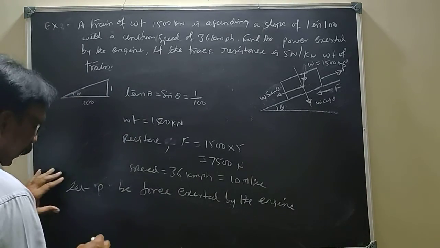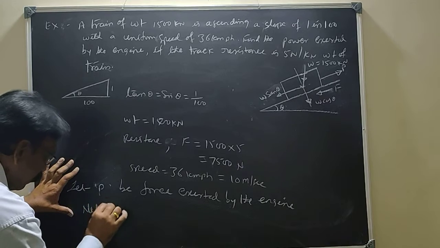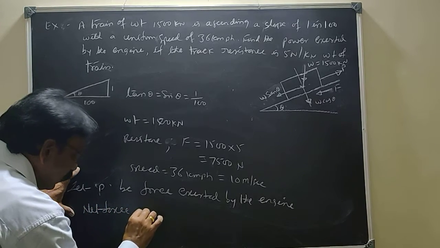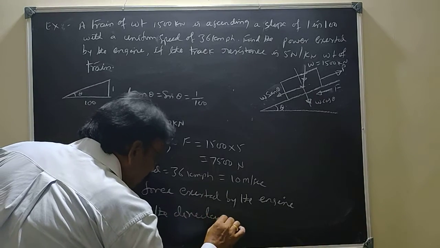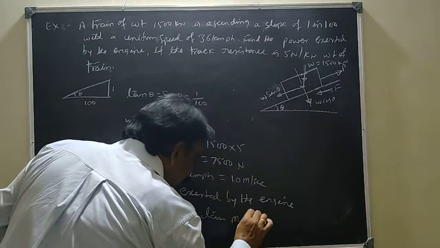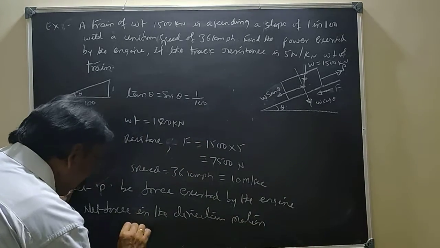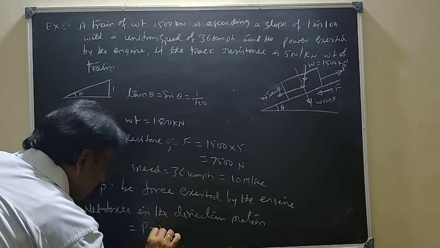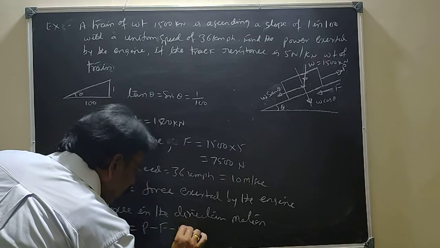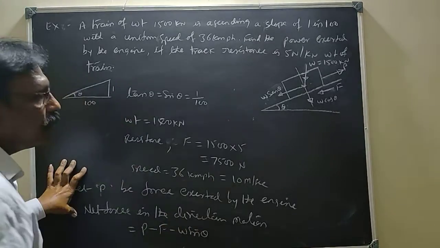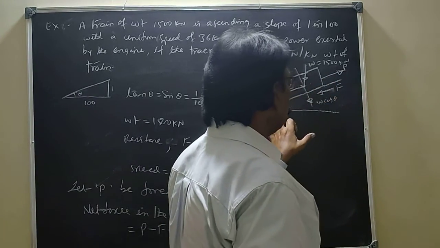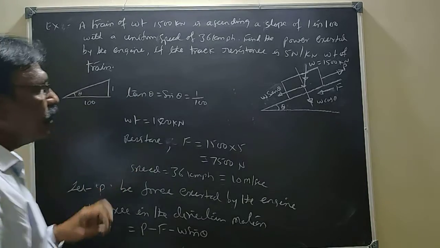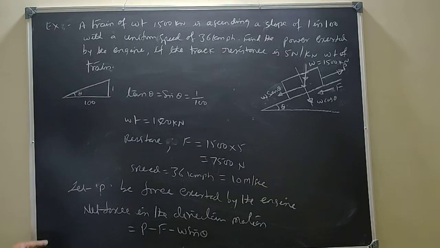Then the net force in the direction of motion is equal to P minus F minus W sin theta, because this force is upward and these two are acting in the downward direction.